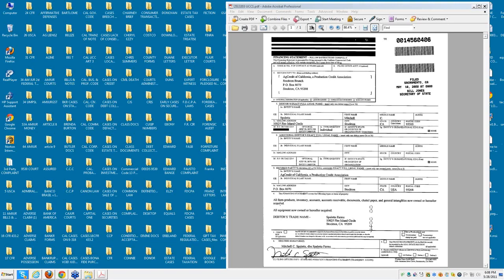So what they do is they sell the accounts receivable. Now, accounts receivable on a credit card would be the credit card application that you fill out when you get a credit card. They take that application, they monetize it, and then they sell it. They call it securitization.